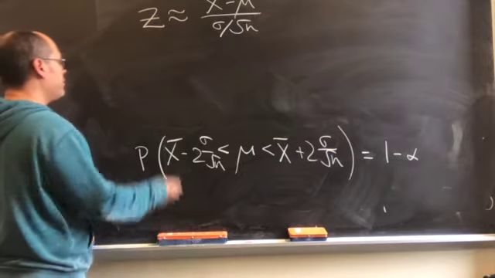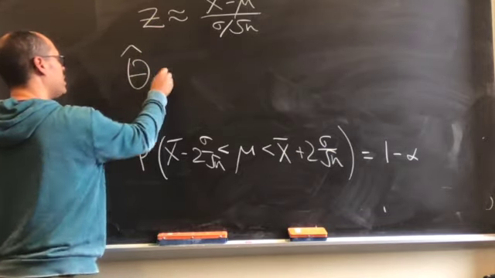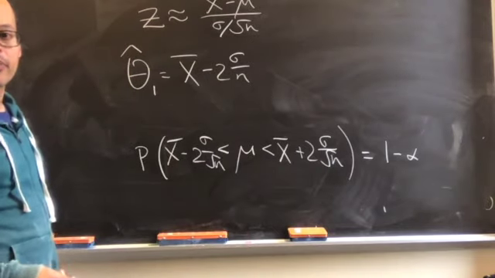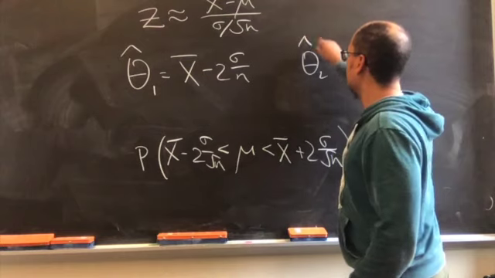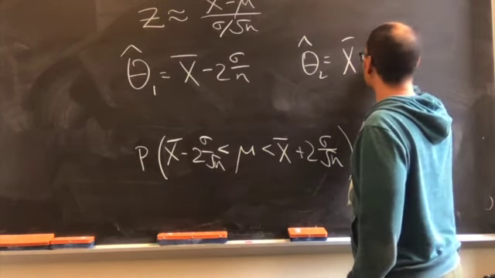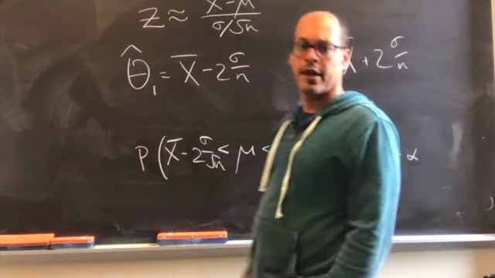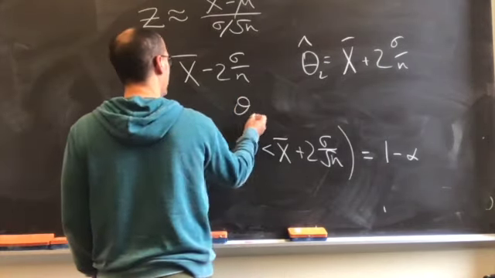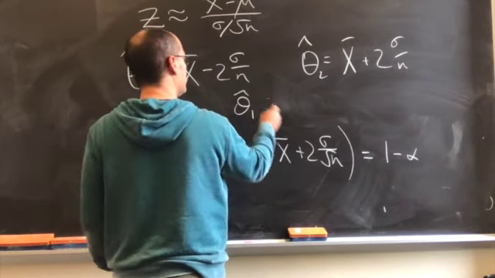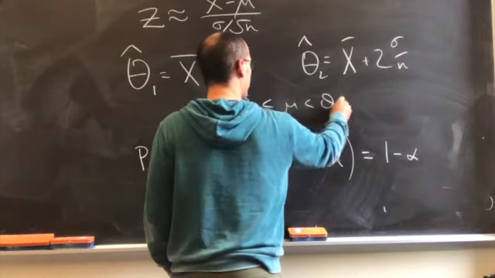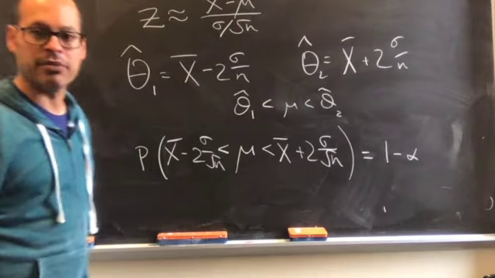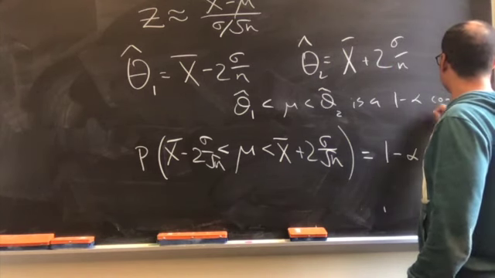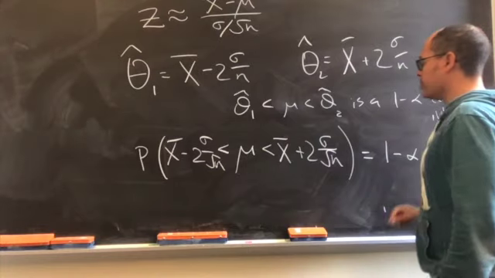Translating that into the language we had before, if we call X bar minus 2 sigma over root n our random variable theta1, and X bar plus 2 sigma over root n theta2, then we get a confidence interval for mu of the form: any particular measured value of this less than or equal to mu, less than or equal to some measured value of this, which really just depends on my measurement of the sample mean, is a 1 minus alpha confidence interval for the mean.